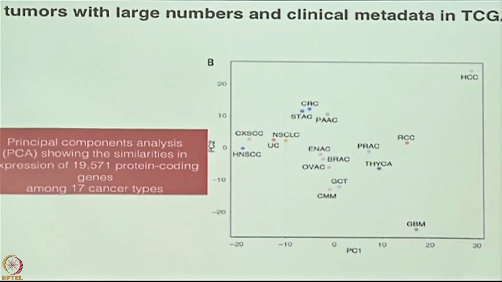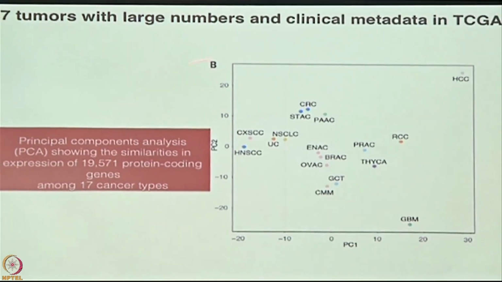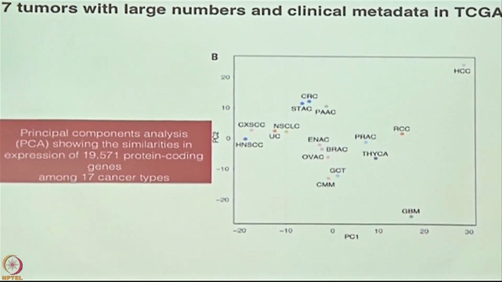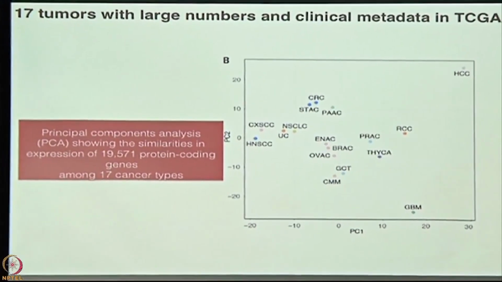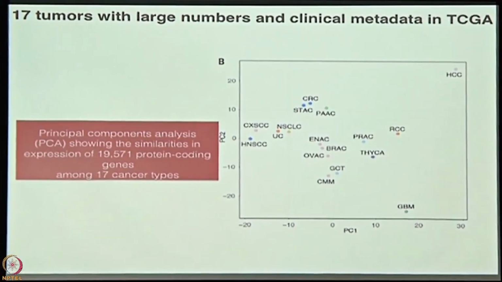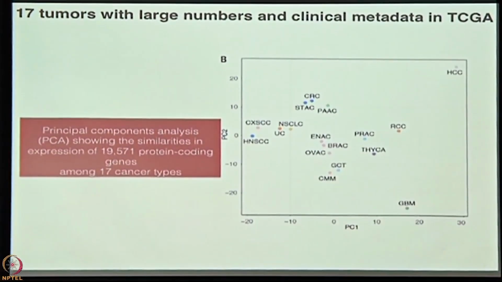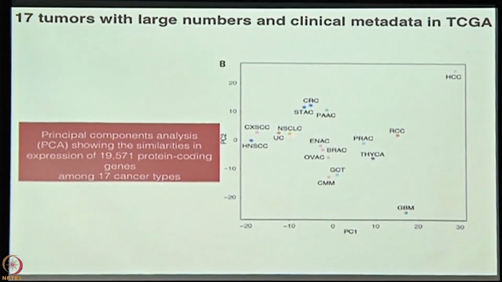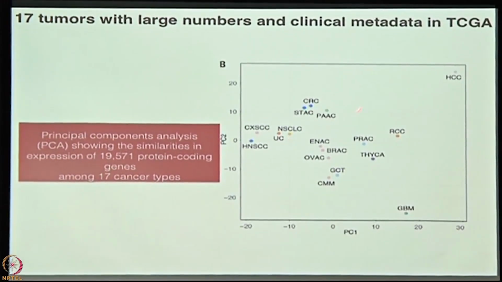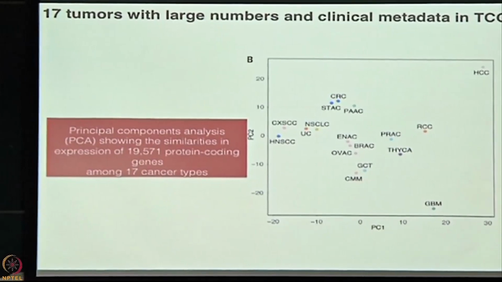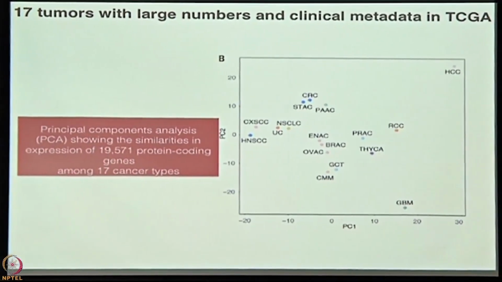We then narrowed the search to 17 tumors with large numbers and clinical metadata. From the original 33, we came down to 17, because these cancers had adequate numbers. And as you can see, these cancers which are grouping here are gastrointestinal cancers.